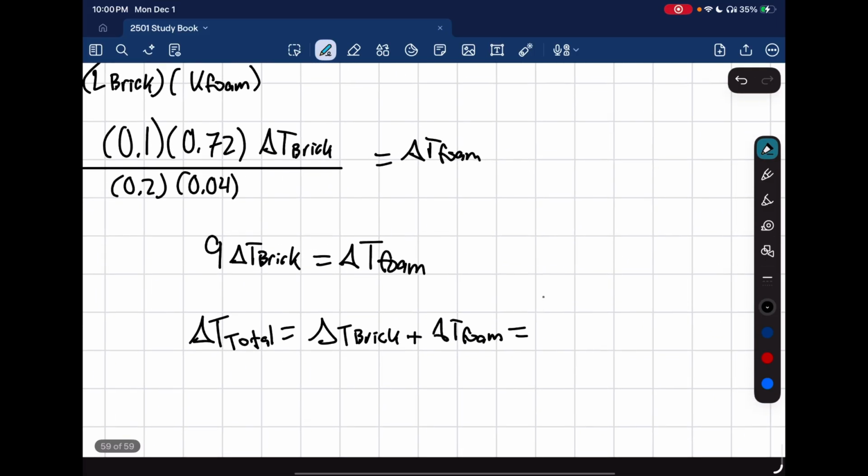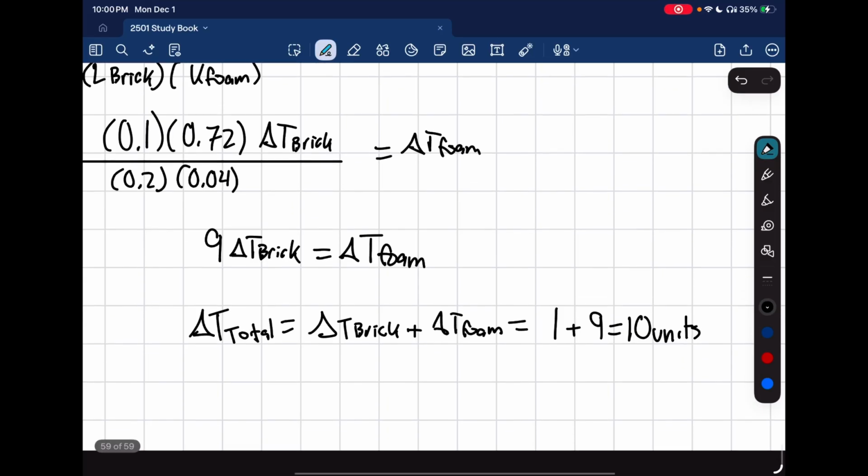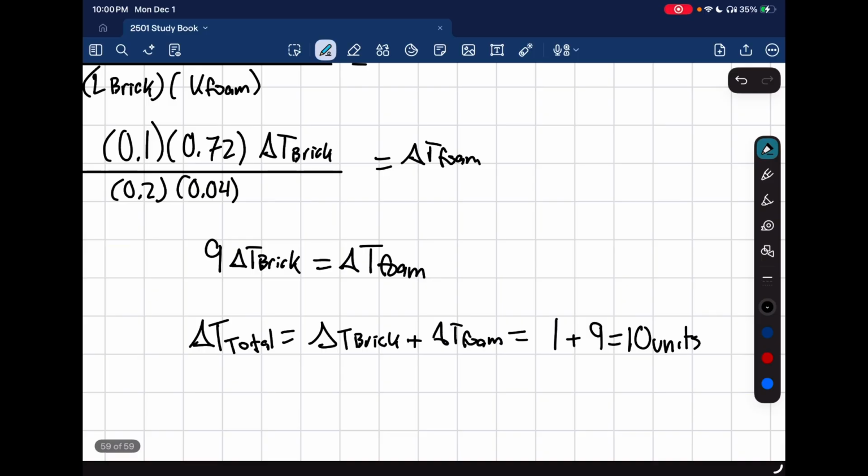And then we can say for every one change in temperature of brick, there are 9 changes in temperature of foam, which gives us a nice round number of 10 units in change of temperature. So multiply by 2 to match the actual 20 degrees, which is the change from outdoors to indoors.